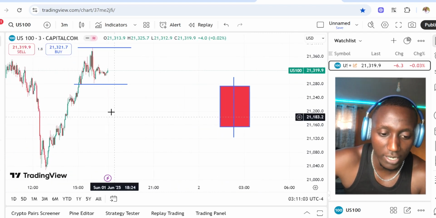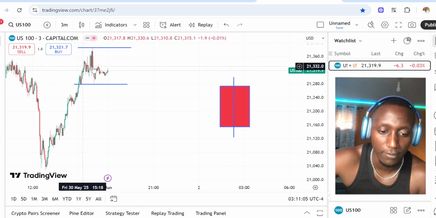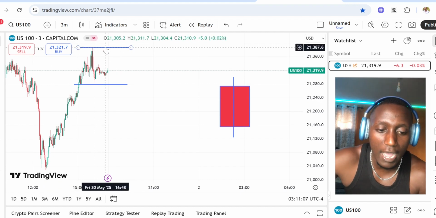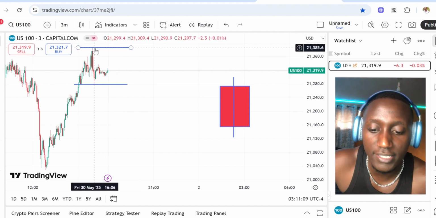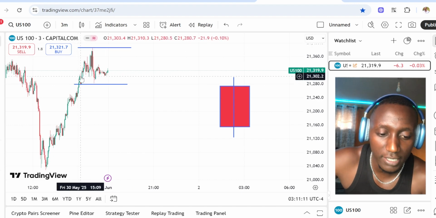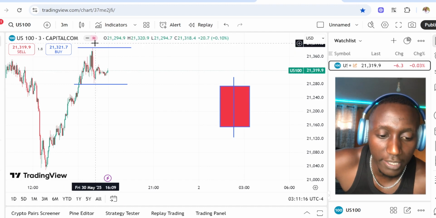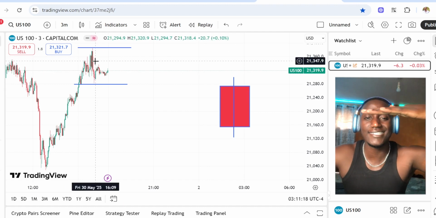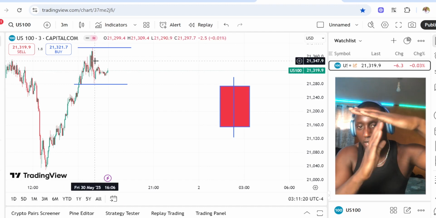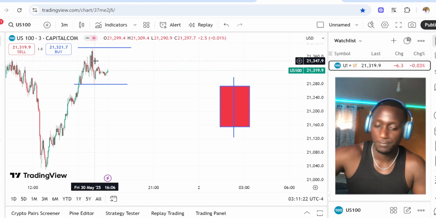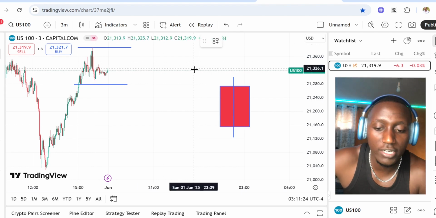First of all, if you look at this area of consolidation here, the upper part is called resistance, because price tries to go to that area and keeps getting rejected, keeps getting pushed down. So it's like a ceiling. Price tries going higher, but fails. That is why we call it resistance.